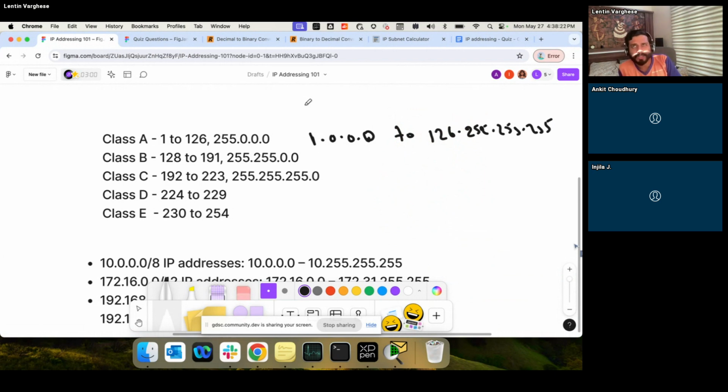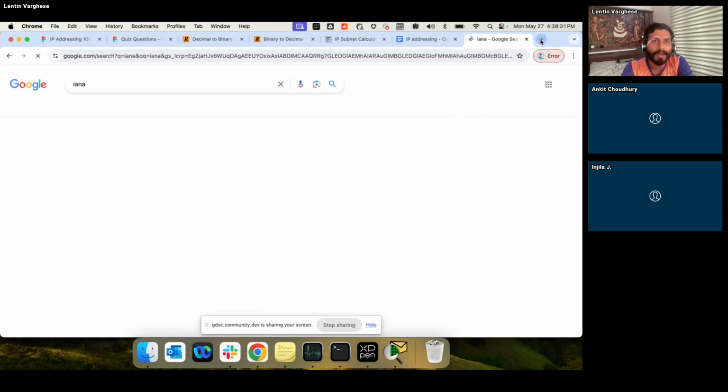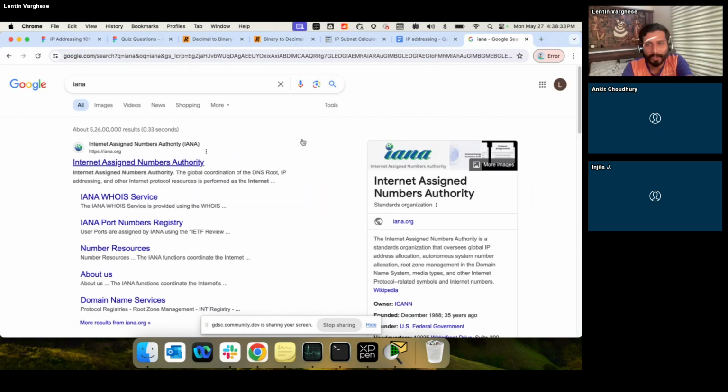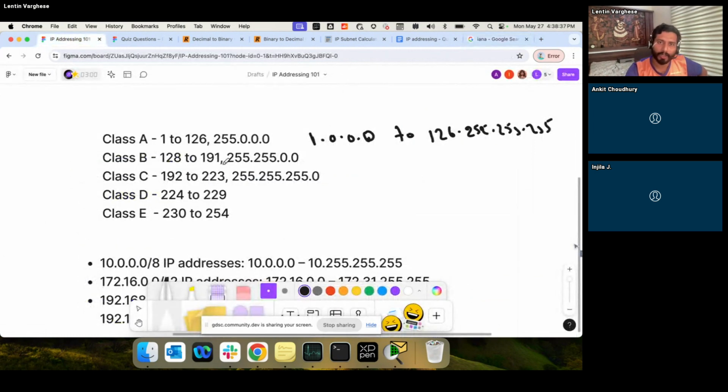So yes, this started happening, and that's when a centralized organization called IANA was introduced. IANA, Internet Assigned Numbers Authority. IANA is responsible to control the IP address distribution centrally. And they do that by giving IP address blocks to something called RIR, Regional Internet Registry.